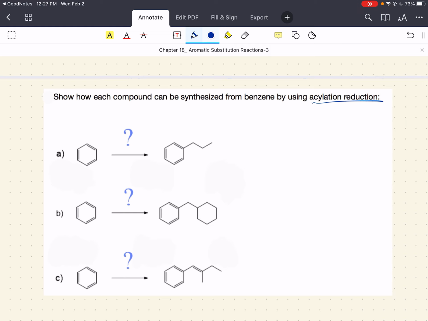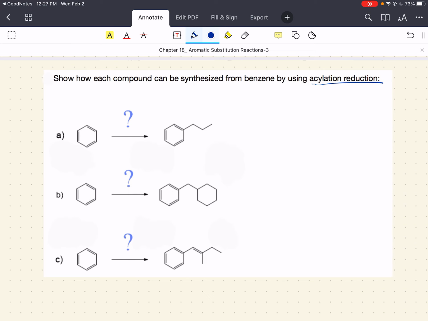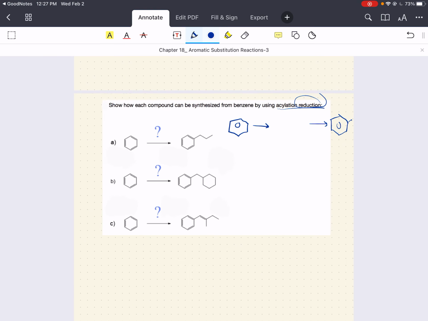All right, fantastic. So if we want to add a group to our benzene ring through Friedel-Crafts acylation, and then as a last step, we want to figure out how we can reduce it to get this final product. If we have any room to draw this here, we don't. Let me fix this.